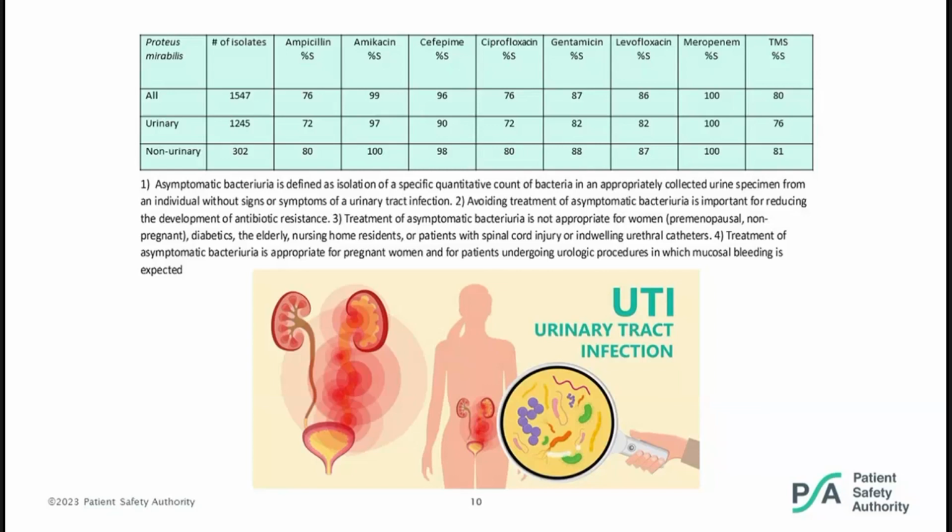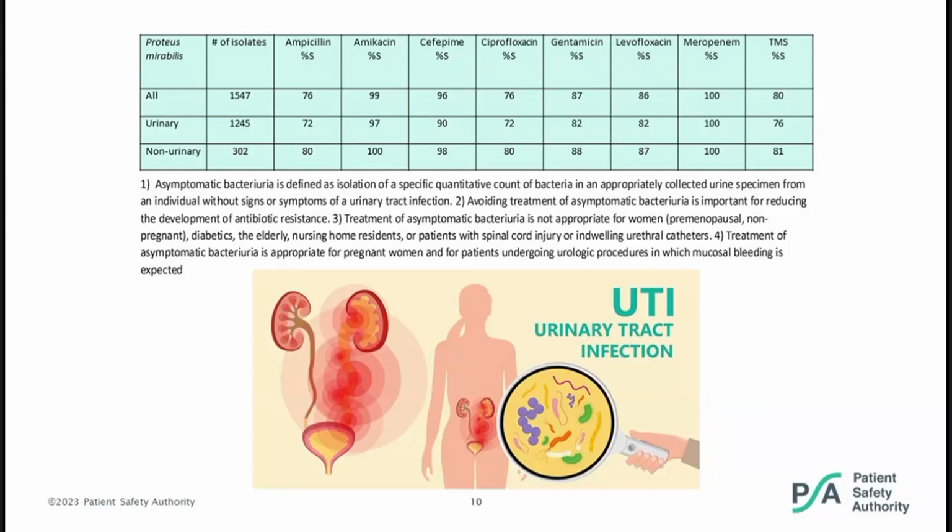Those antibiotics that are generational and are known to have resistance, and we want to start out using the antibiotics that are more successful. If those are not successful at treating that particular organism, then you can escalate to the bigger guns, so to speak.